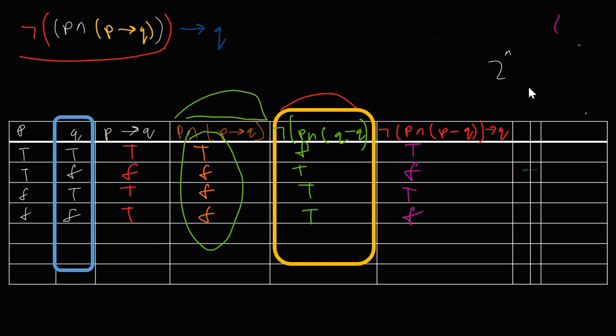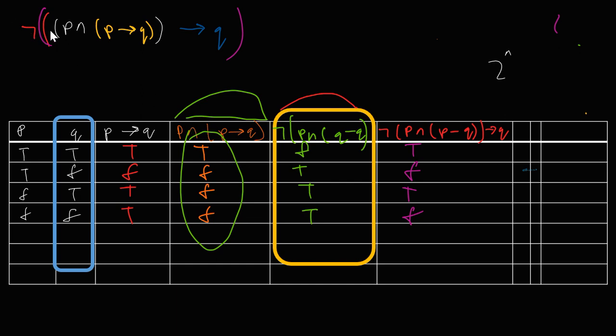So after investigating, doing the truth table, we just discovered that this was not a tautology or a contradiction. But if we had put our bracket just out here, these red brackets, this would have been a tautology.